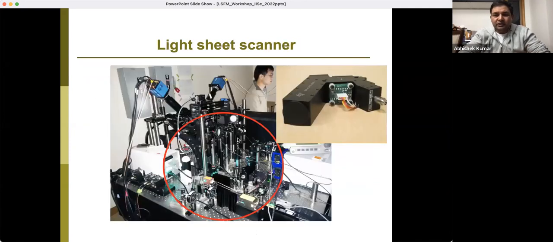And what we did in this case is, instead of having a bunch of galvos and all, we condensed this in collaboration with ASI using a MEMS mirror. So it's a two-axis mirror, which is low mass, and it gives you the capability to scan your beam fast.